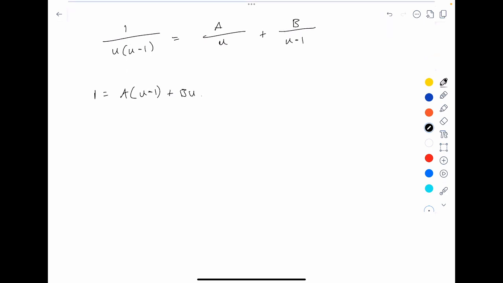Now if we set u equal to 1, what does that give us? Well, if u equals 1, then b is equal to 1, right? And if we set u equals 0, then 1 is going to equal negative a. So a is equal to negative 1. So therefore what we get is negative 1 over u plus 1 over u minus 1.